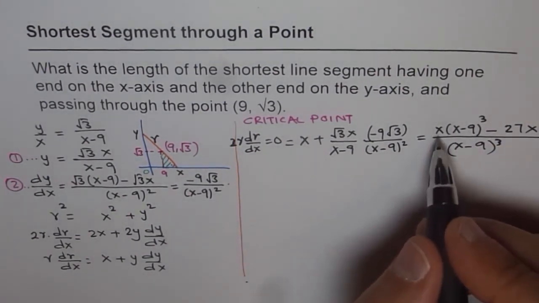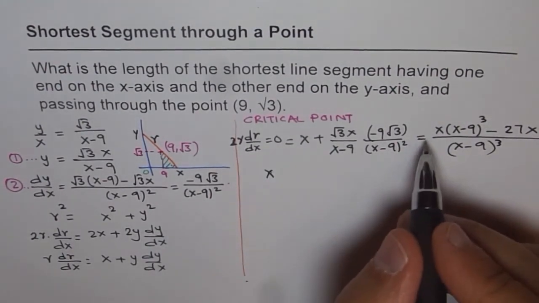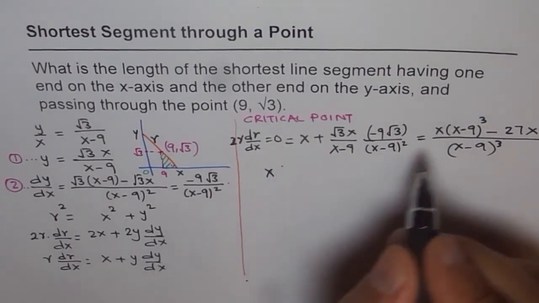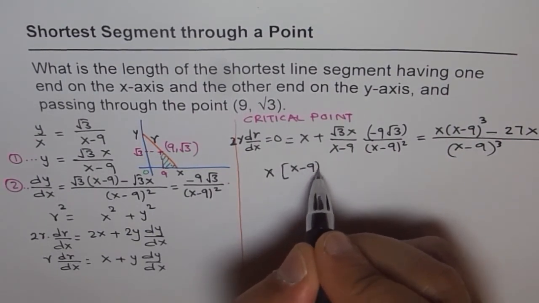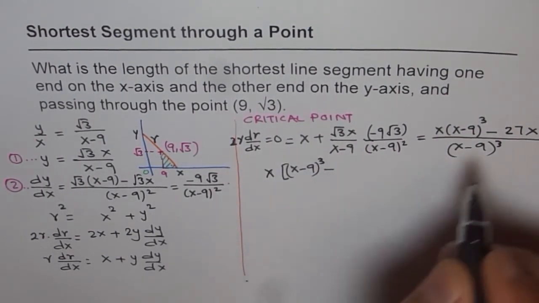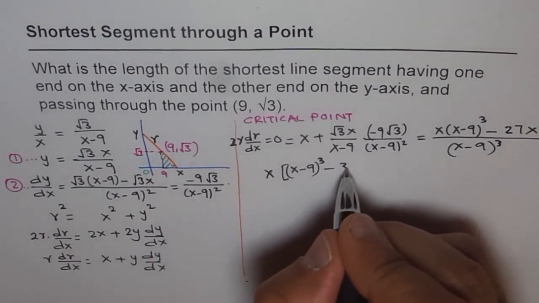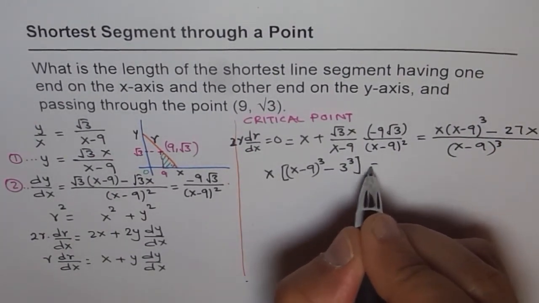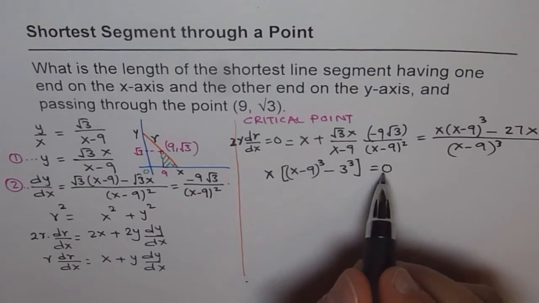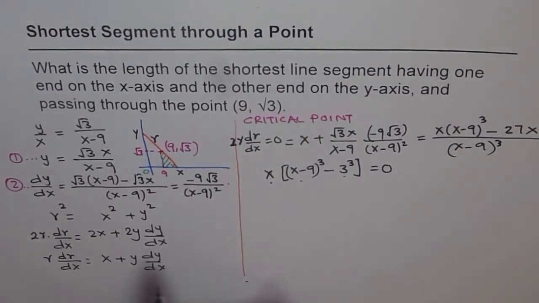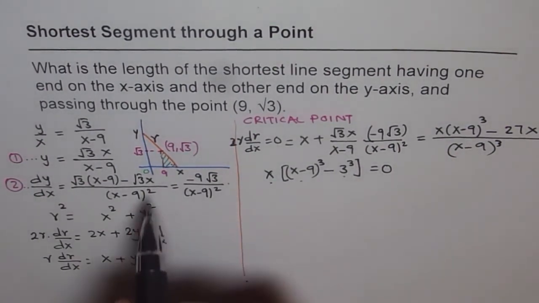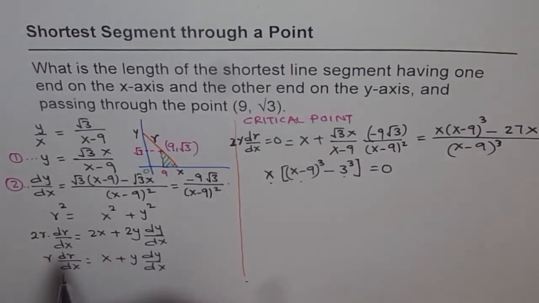So let's take x common, right? We get x times (x minus 9) whole cube minus 27, which is 3 cube, equals 0, right? Now this is 0 means either x is 0 or this factor is 0, correct? So x cannot be 0, because if x is 0 we have a vertical line.